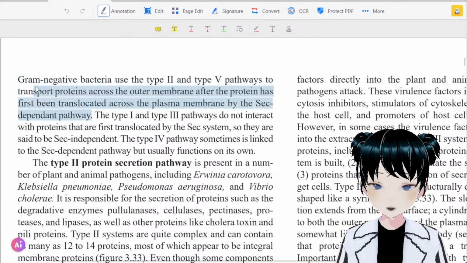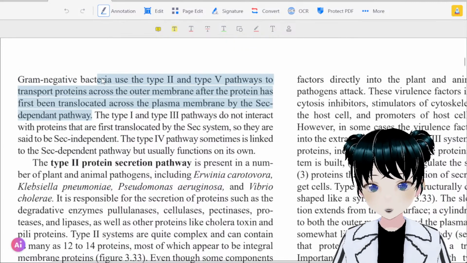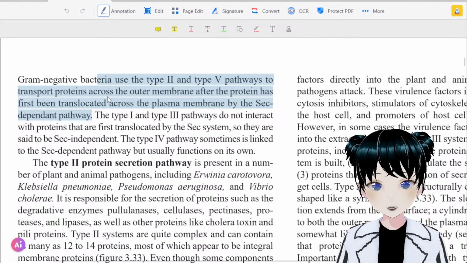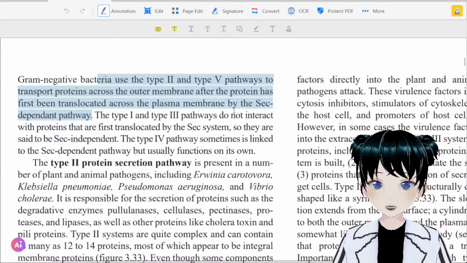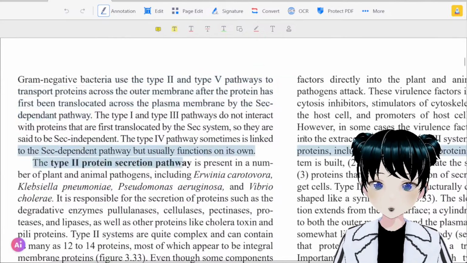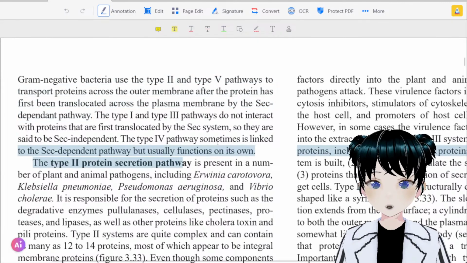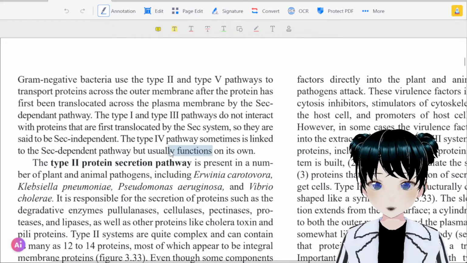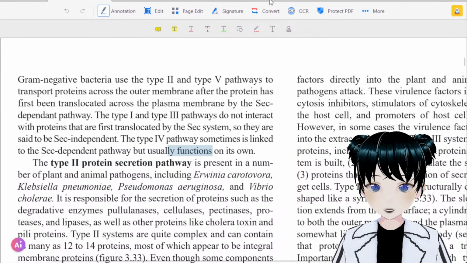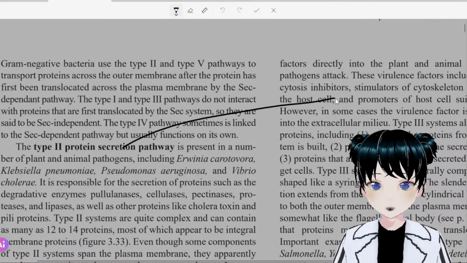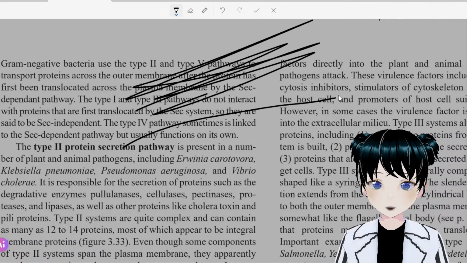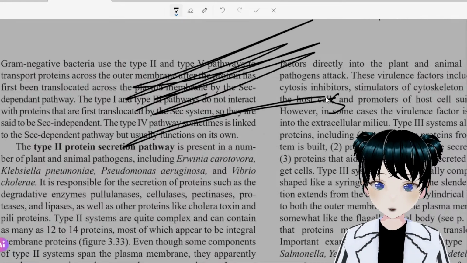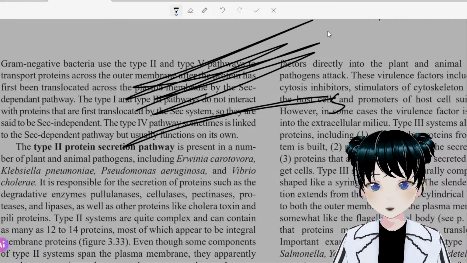Okay, so they are just saying that type 2 and type 5 are used when the protein has already been transported by the sec-dependent pathway. By the way, remember that the sec-dependent pathway only goes to the plasma membrane. For example, this is the plasma membrane and this is our cell wall. Always remember that the sec-dependent pathway only goes as far as the plasma membrane.